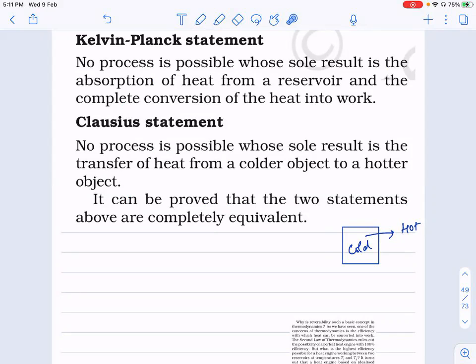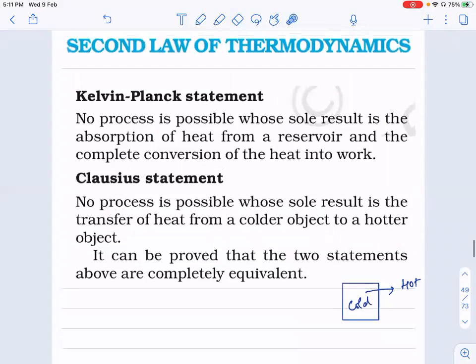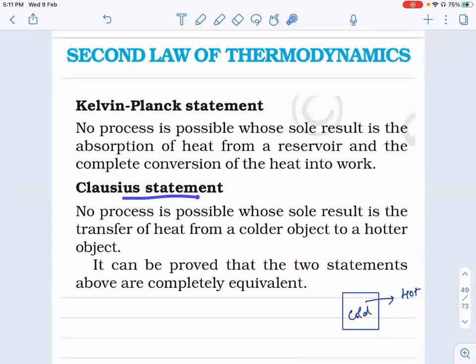We have to do some work, कुछ वर्क करना पड़ेगा, कुछ सोर्स चाहिए हमें. So compressor is there, compressor is doing this job, which is helping heat to be taken out from cold to hot. Reverse flow जो है ना, on its own it will not be there, we have to have some external source. That's the Clausius statement. No process is possible whose sole result is transfer of heat from the colder object to the hotter object.